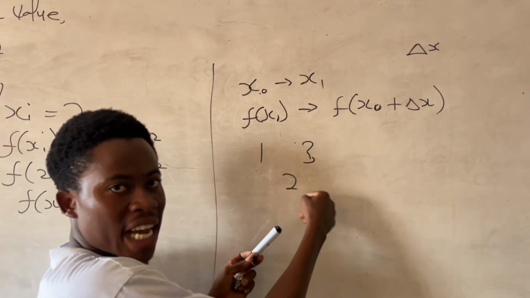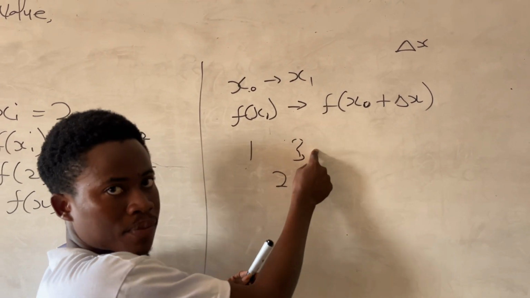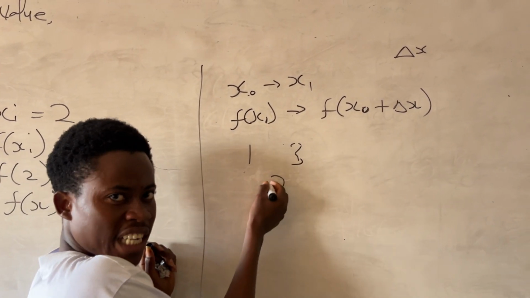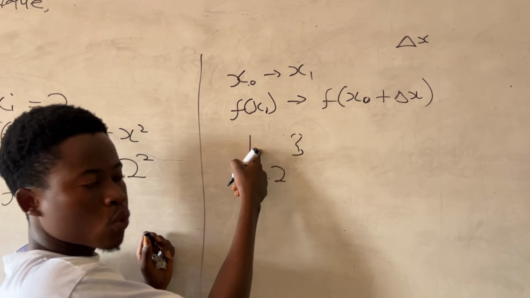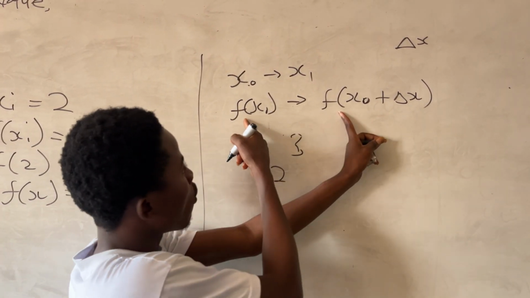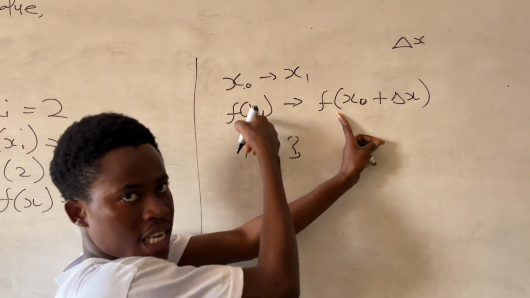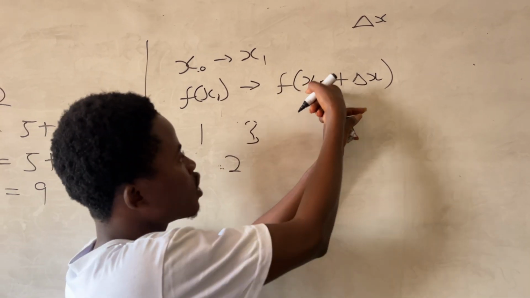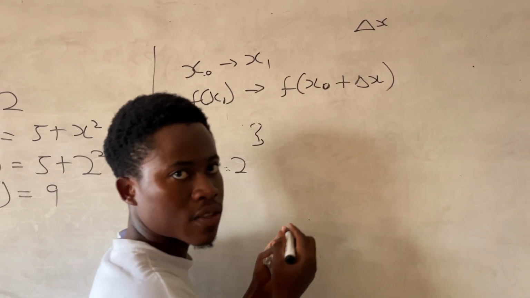Alright, so if we want to know how we got the 3, we have to add the change to the initial value to get the new value. So that is the main reason why we have f of x naught, the initial output, changing to a new output, which is f of x naught plus the change in x.